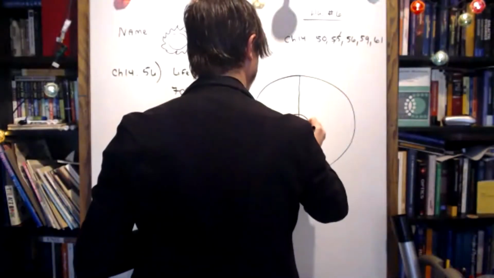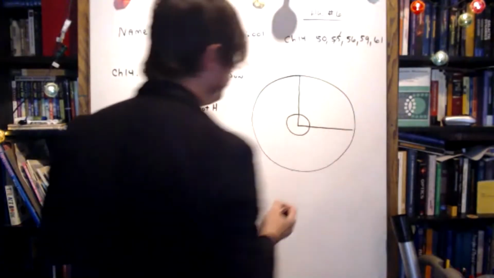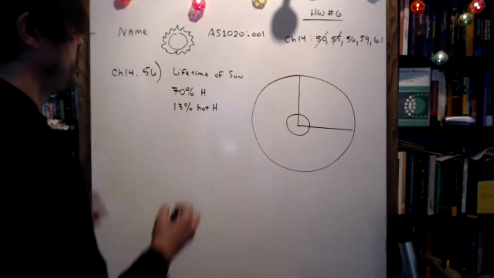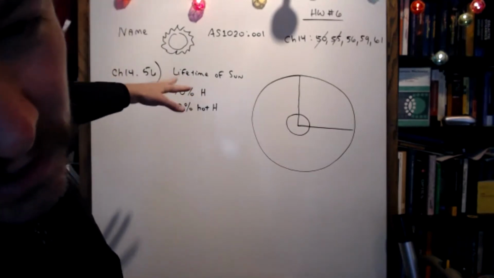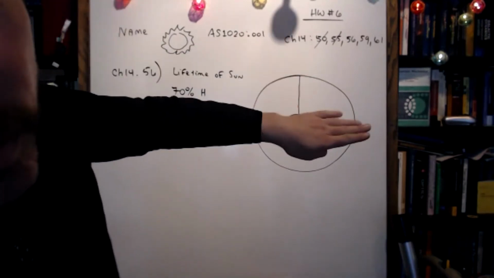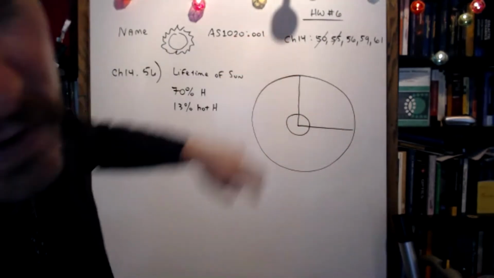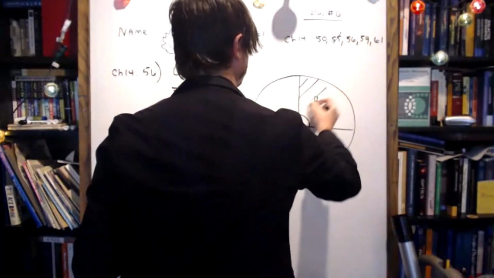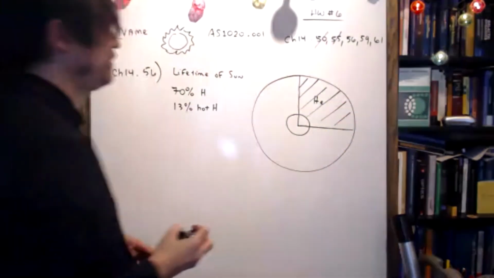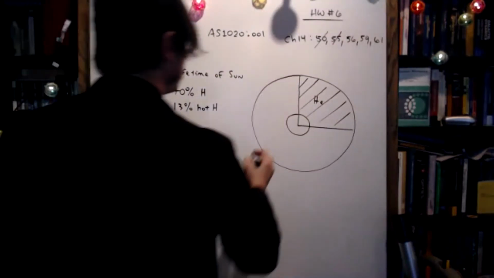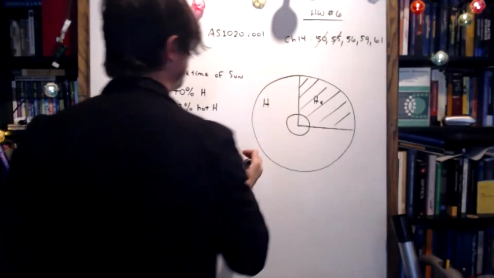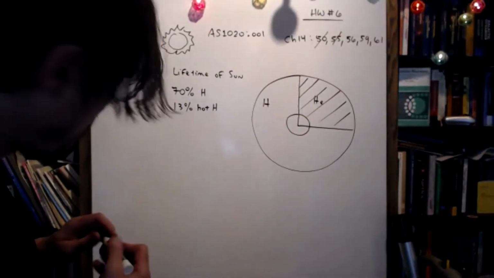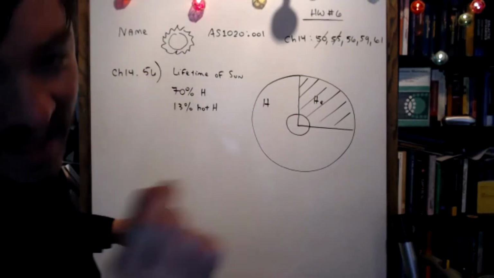So if we're going to calculate how much fuel the sun has, let's say 70% is kind of close to 75%, which is 3/4. So you've seen I've drawn a quarter of the sun off. A quarter of the sun is helium. That quarter cannot be used for fusion. Hydrogen can be used for fusion, but only the hydrogen that is hot enough can fuse.